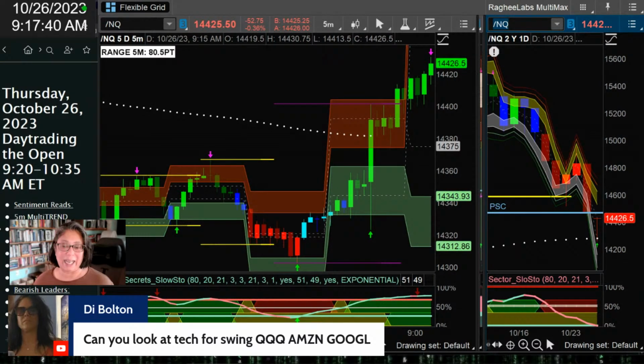But when you take a look at tech, say XLK, XLC, XLY, what are those names? What are those ETFs? Apple, Microsoft, Meta, Google, Amazon, Tesla. You want to throw the 7th one in there. That's the Magnificent Seven. NVIDIA, your number 2 weighted, number 1 weighted in the SMH, or semiconductors.